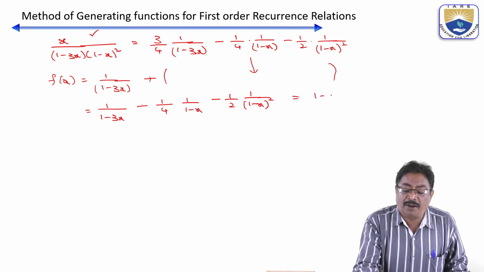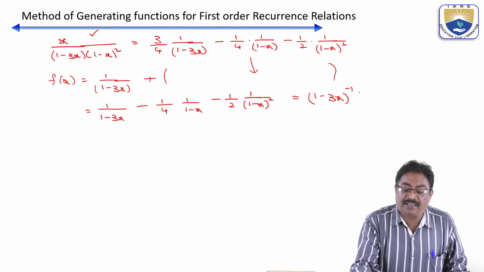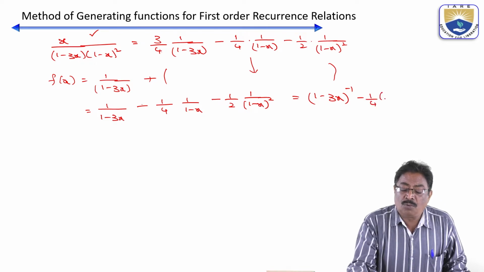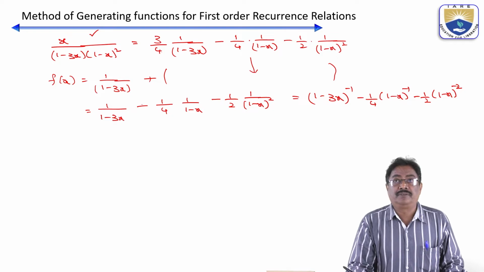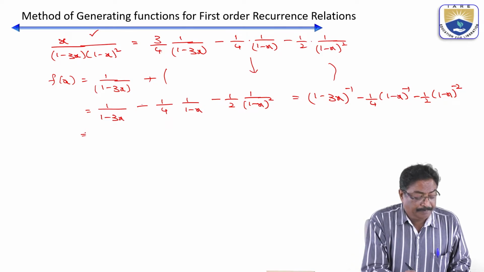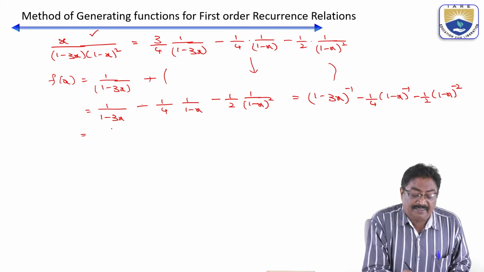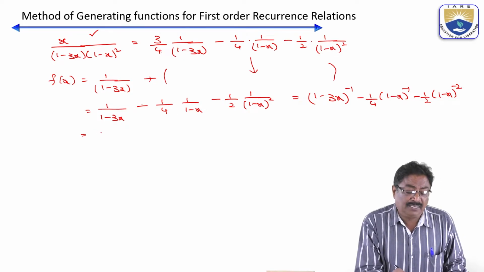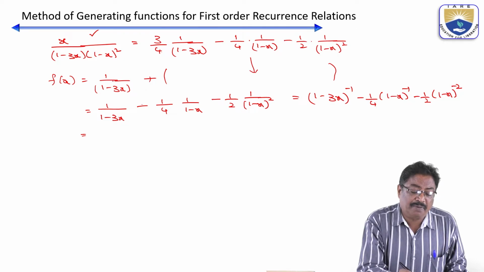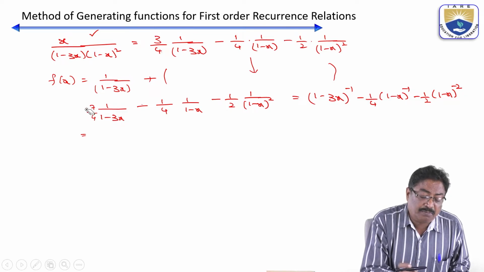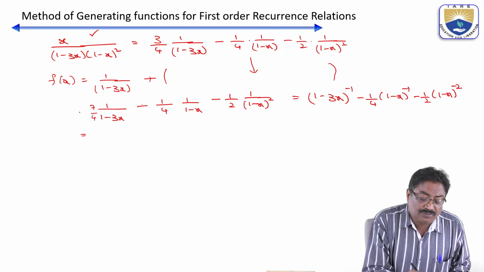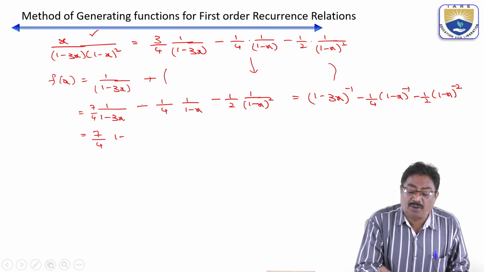And this can be written as 1 minus 3x whole to the power of minus 1, minus 1 by 4 into 1 minus x whole to the power of minus 1, minus 1 by 2 into 1 minus x whole to the power of minus 2. So now this is 1 plus 3 by 4, it is 7 by 4, not 8 by 4, it's plus only, so 7 by 4 into 1 minus 3x whole to the power of minus 1.